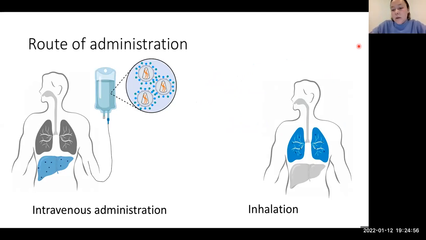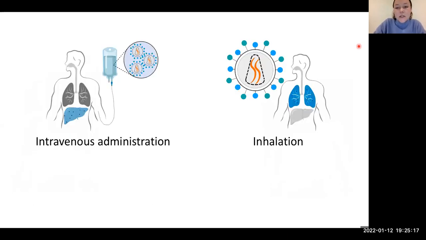So during my PhD, one of the questions I looked at was, what if we deliver the virus intravenously, and what if we deliver it via inhalation? And we didn't know the answer before we started of what might be better and what might be worse, but it was just one of the questions I had within my PhD.